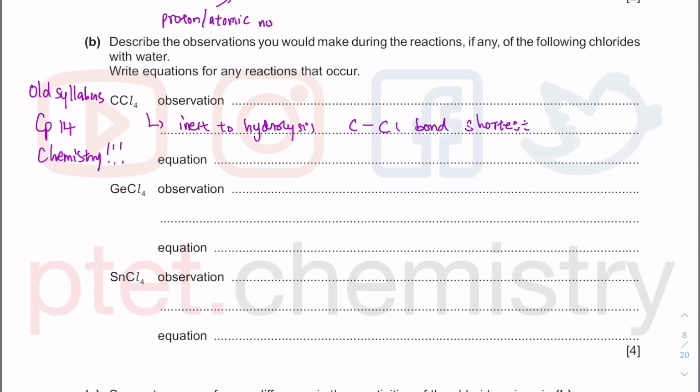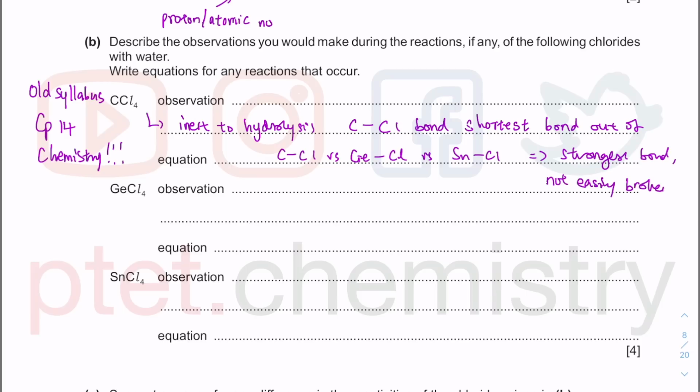So if it is the shortest, something is definitely wrong with what I said. It's the shortest bond out of CCl versus GeCl versus the SnCl, and therefore it is the strongest bond, and therefore not easily broken or hydrolyzed.